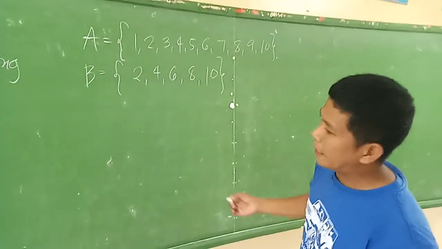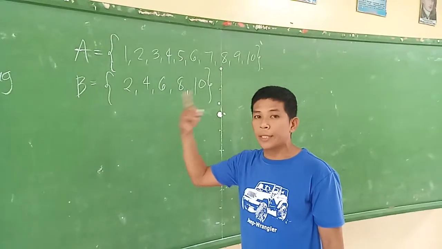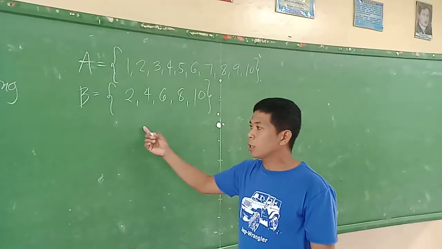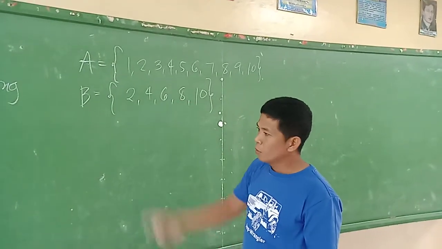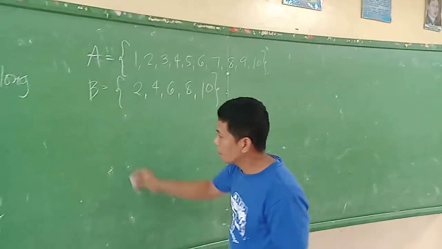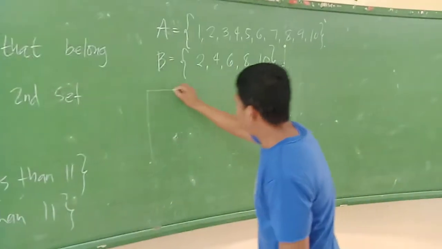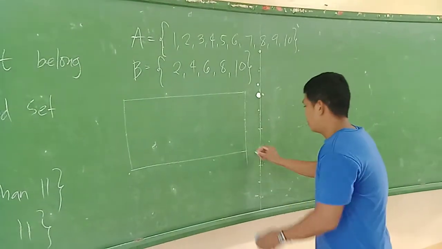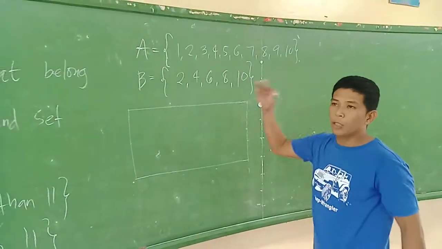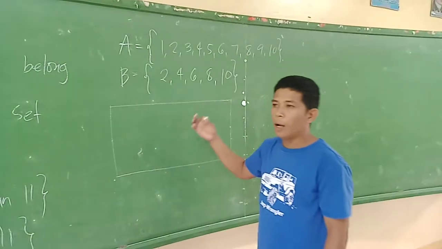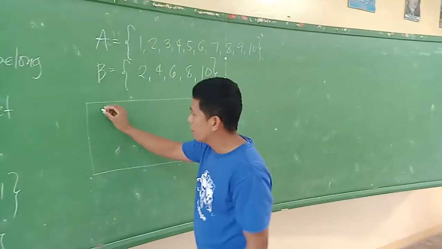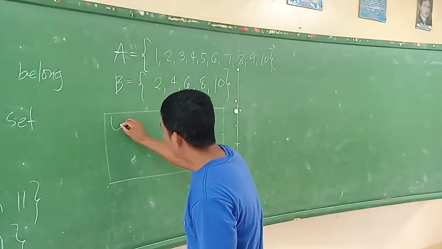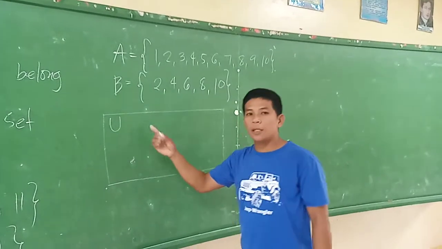Next, in identifying the union of sets, we are going to illustrate using the Venn diagram. In a Venn diagram, we draw a rectangle, which is the symbol for the universal set. We put a capital U. That is the universal set.